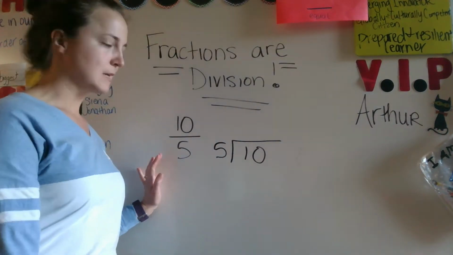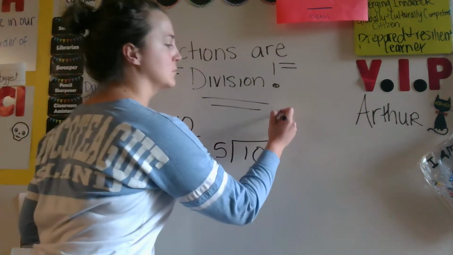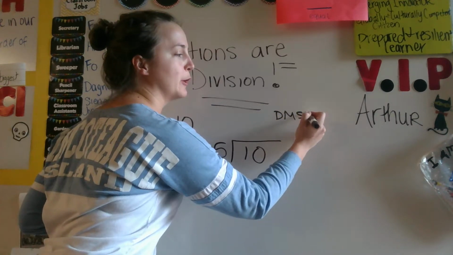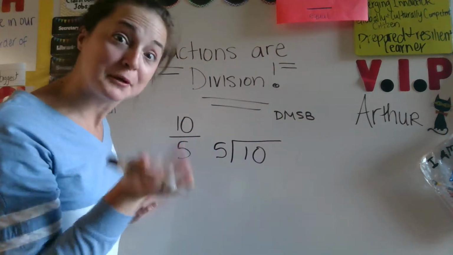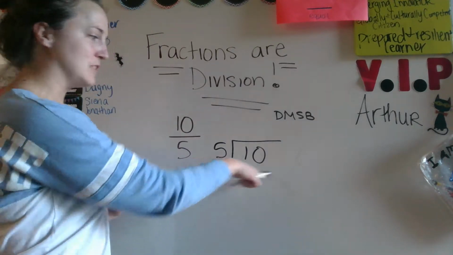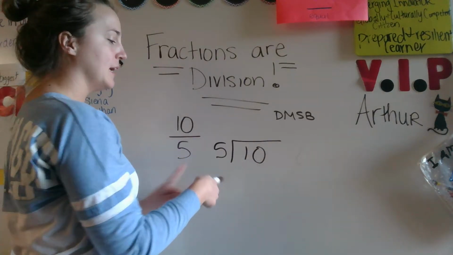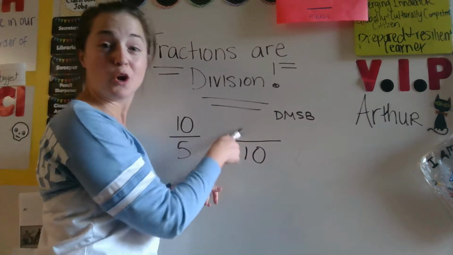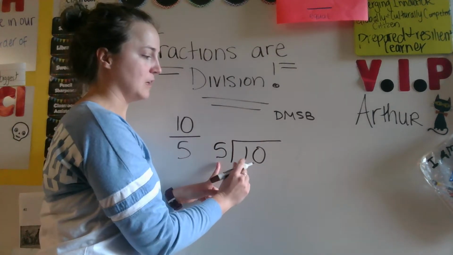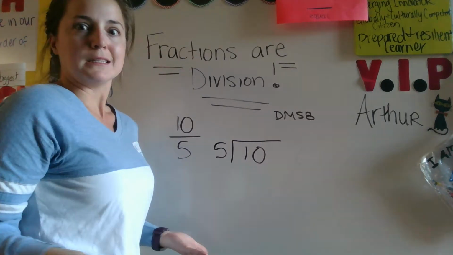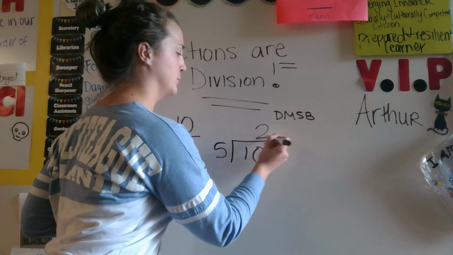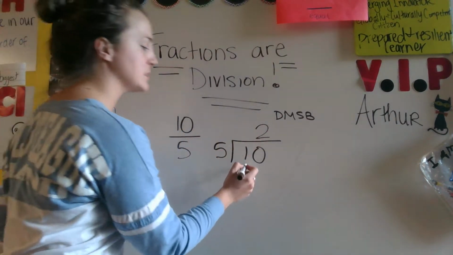Okay? And we go back to don't marry someone bald, which again I disagree with, so maybe it should be do marry someone bold. And so we've divided, and now we're going to multiply. 5 times, I don't know what on top, gets me 10. So 5 times what gets me 10? That's easy. 2. 5 times 2 is 10.